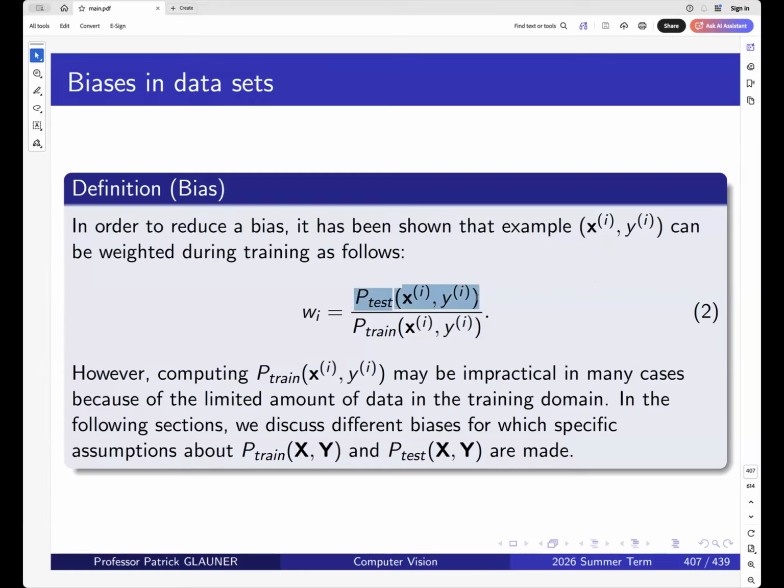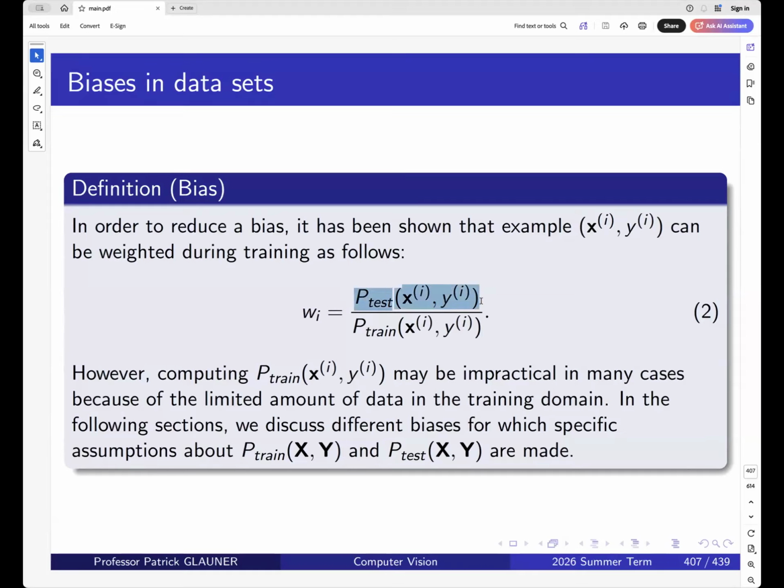So calculating these probabilities, or estimating them well, does not work very well because oftentimes I have limited test and training data, and I would need to approximate the distributions. And approximating distributions, there are algorithms for this, but it's very slow and doesn't work very well if I have very limited data. And typically, I just have by far not enough data to do that.